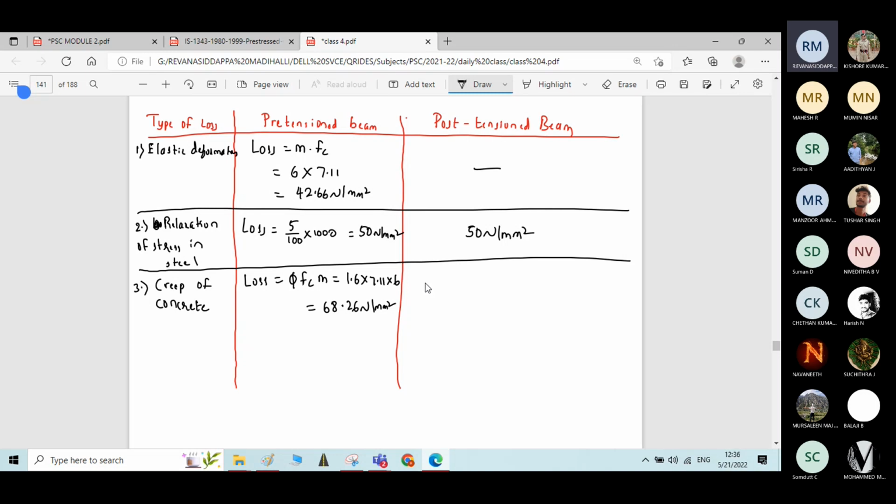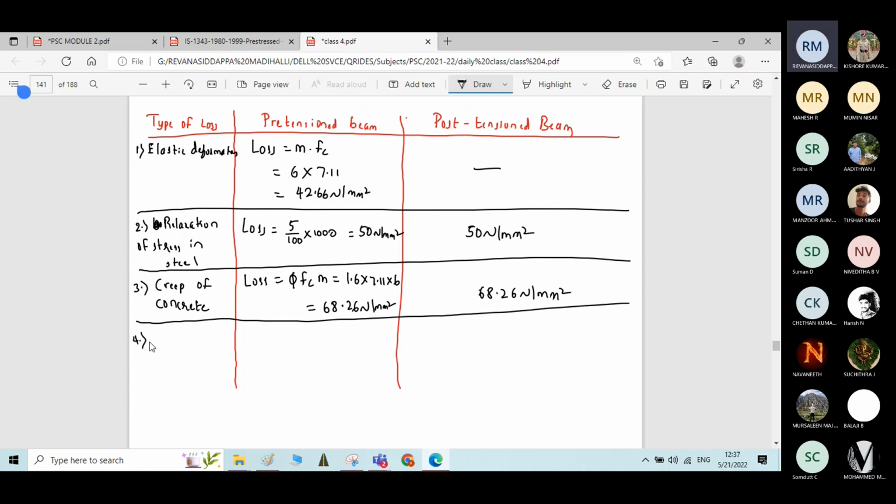It is a long-term, time-dependent loss, so it will be there for both cases, and you will get the same answer, 68.26 Newton per mm square. So the loss due to creep is calculated.